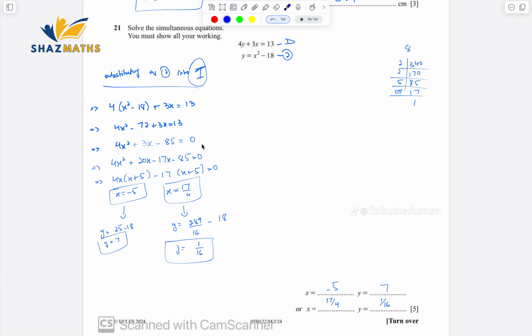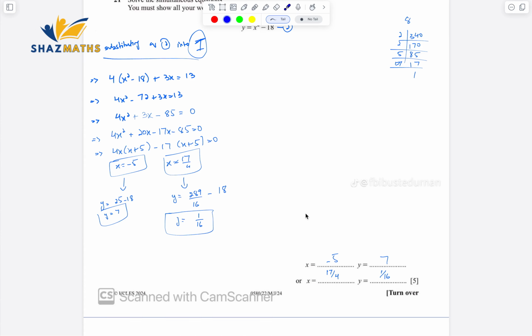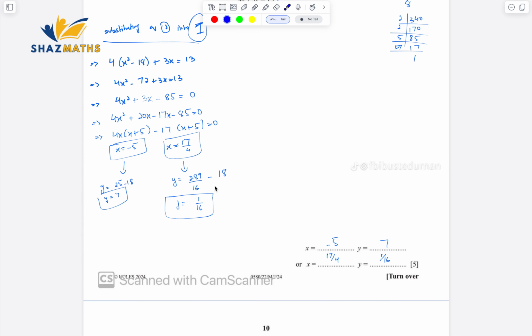Yep, 289 over 16 minus 18. 18 times 16 would be 288. So that would be 289 minus 288, 1 over 16. So when x is 17 by 4, y is 1 over 16. Okay, there you go. So that's all my working.